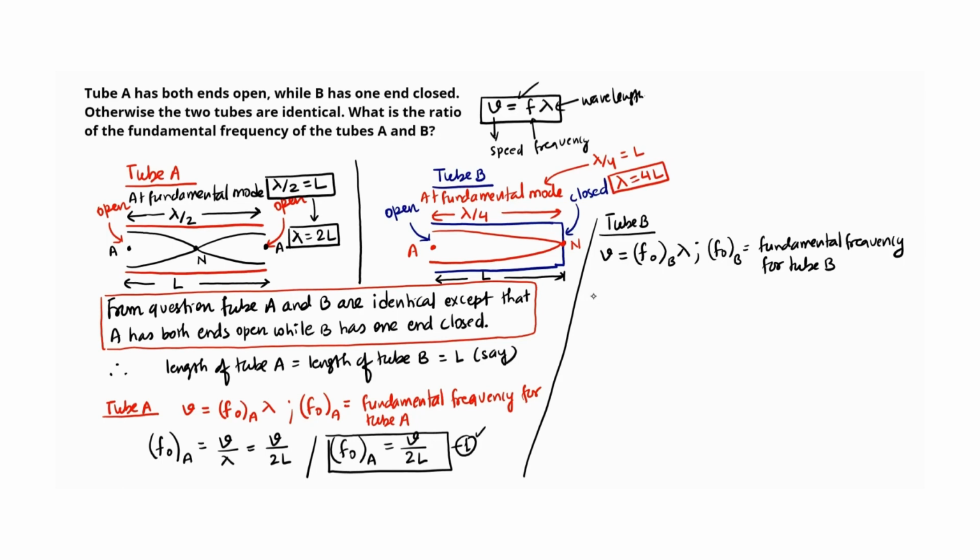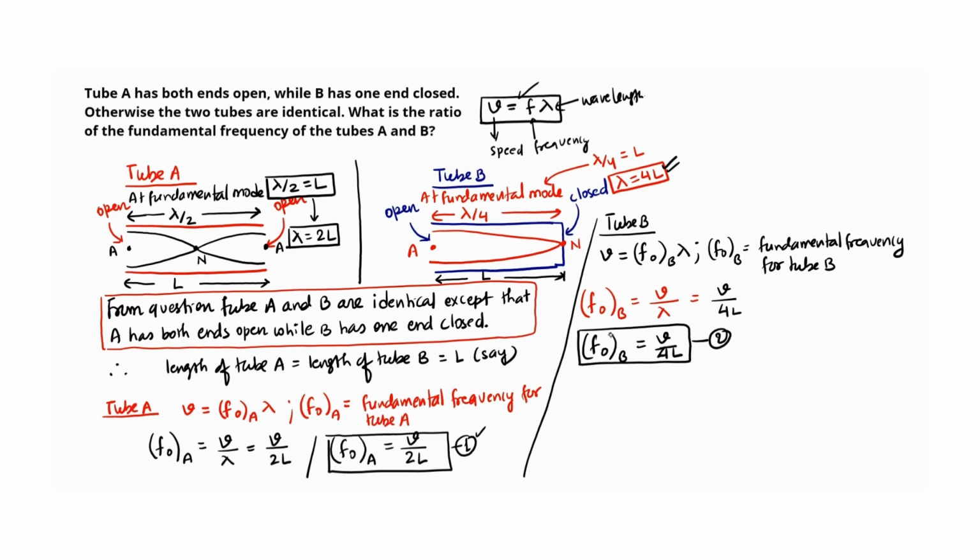Therefore, F naught B equals V, that is speed, by wavelength, so V by 4L. Let's call it equation 2.